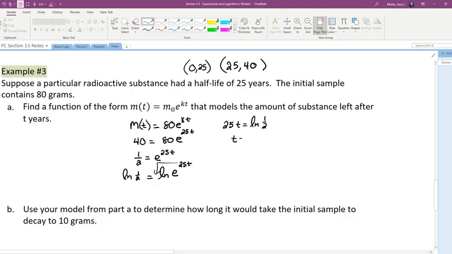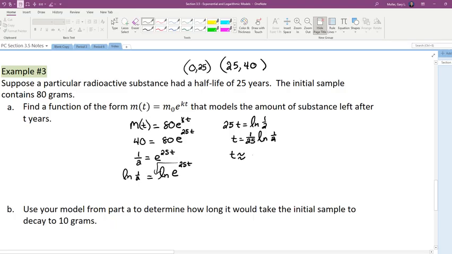So k equals 1/25th natural log of 1/2. Or k is approximately equal to, let's see here, the natural log of 0.5 and divide that by 25.